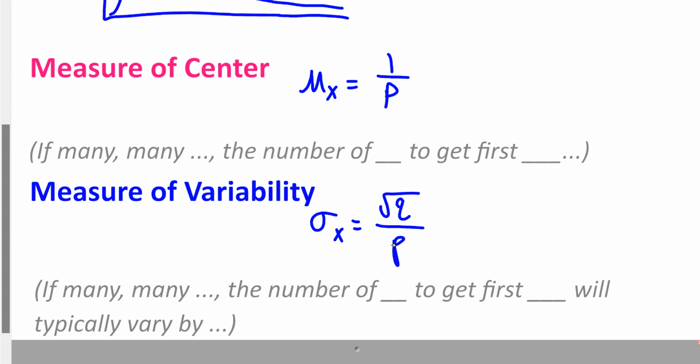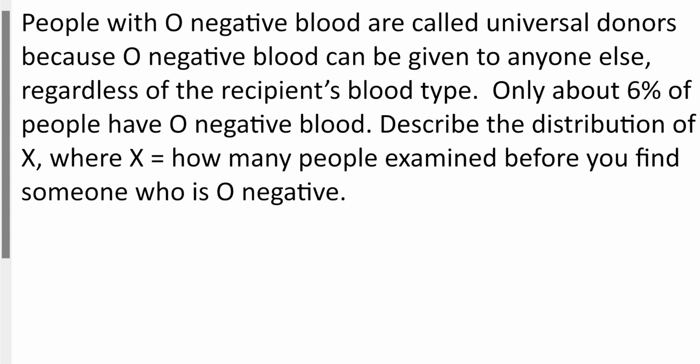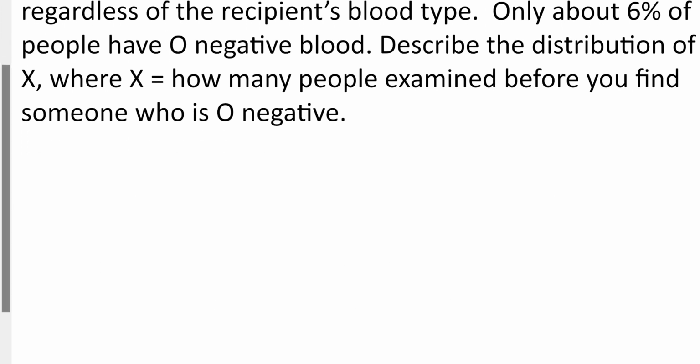So let's look at a scenario we've actually looked at before. People with O-negative blood are called universal donors because O-neg can be given to anybody else regardless of their blood type. Only about 6% of people have O-negative blood. Describe the distribution of X, where X is how many people are examined before you find someone with O-neg blood. First, make sure you check what type of distribution it is.